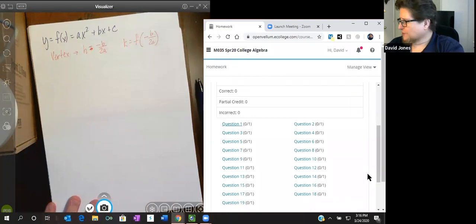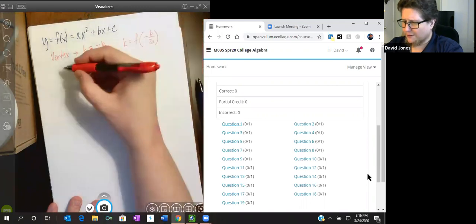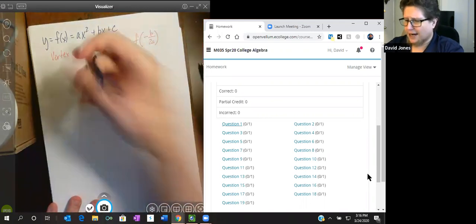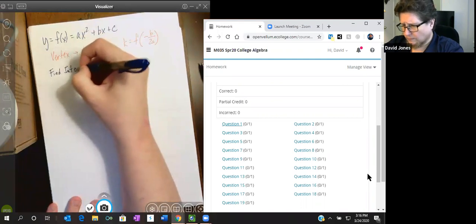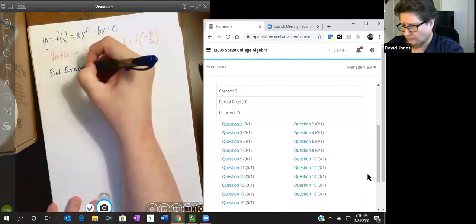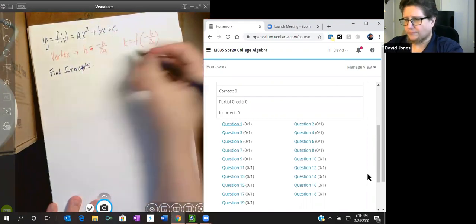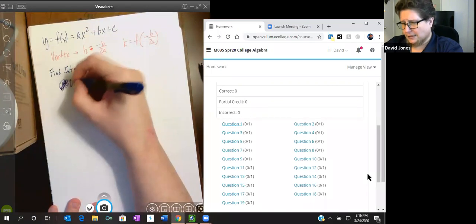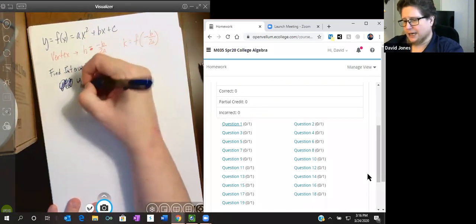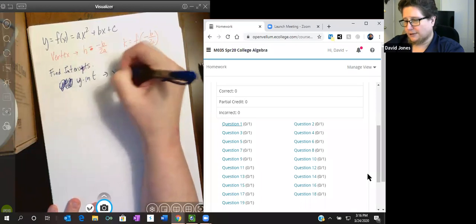When you have it in this form, it's also kind of easy to go with the y-intercept rather than doing the up and all of the other stuff. So in this form, find the vertex and find intercepts. The y-intercept is when x equals 0.